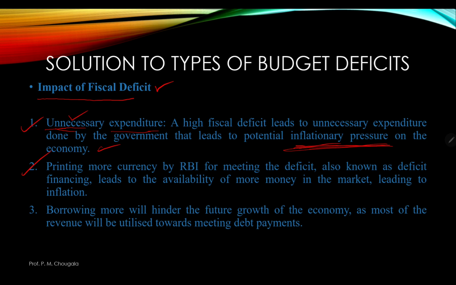And the second thing is printing more currency. What happens in this condition is that the RBI or the government intends to print an additional amount of currency and supply it to meet the deficit in the budget, or the fiscal deficit.